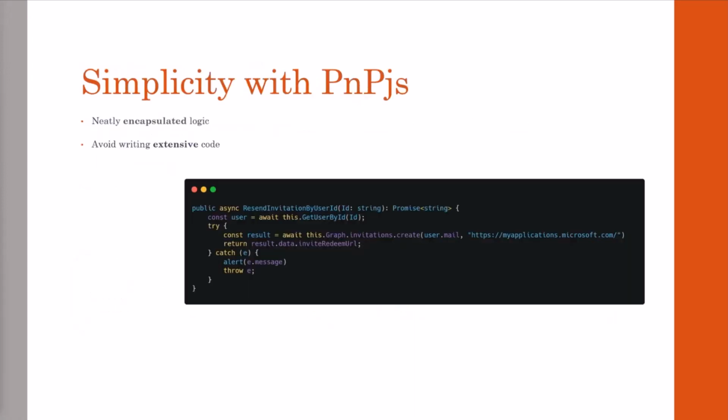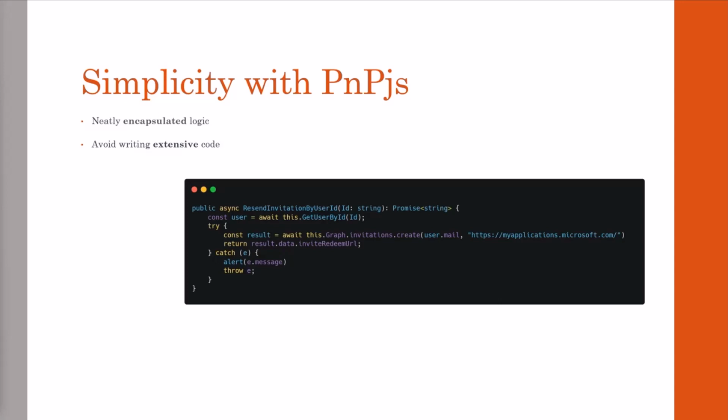Yes, another framework we have used is PnP. The framework neatly encapsulates a lot of logic, allowing us to avoid writing extensive code and instead call individual methods. A good example is our method resend invitation by user ID action Dan showed in the demo.